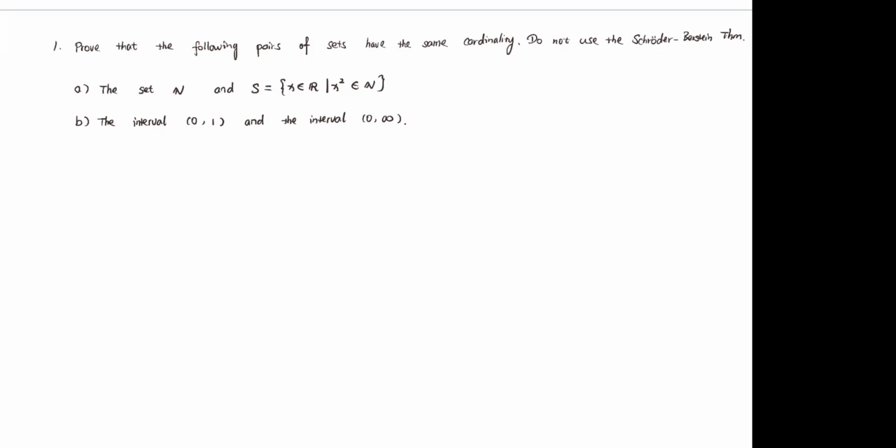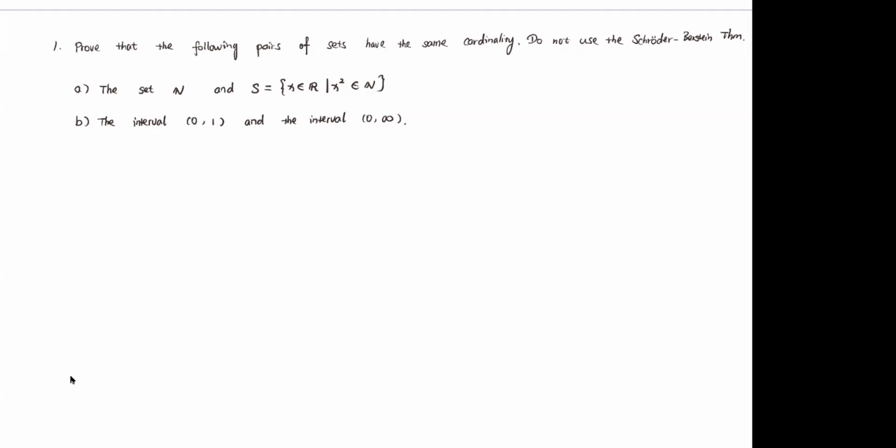Someone said -1, -2, 2, -3, 3. No. But it's also like, let's say, square root of 2. The square of that is in the naturals. Yes, you're close. It includes square roots of something.